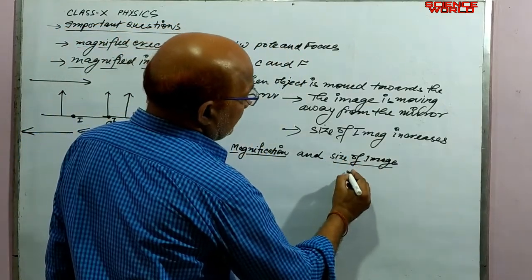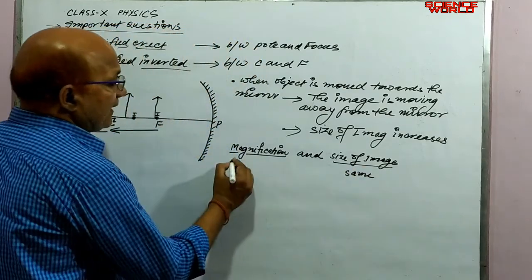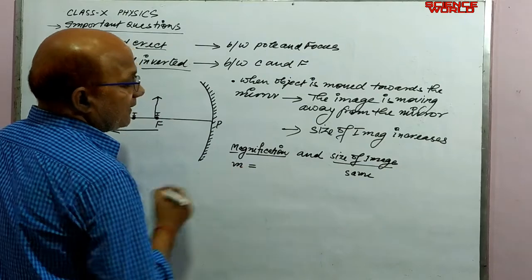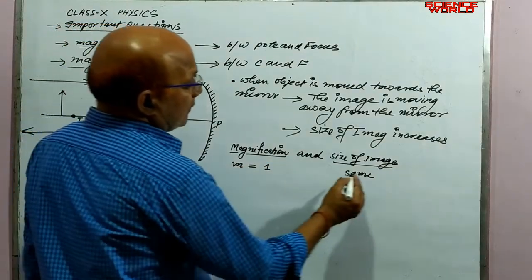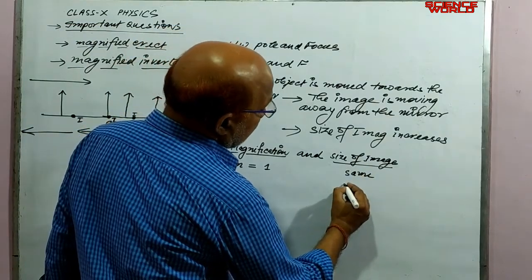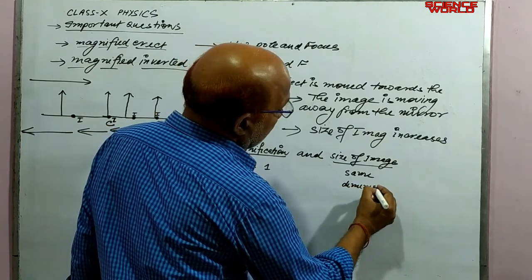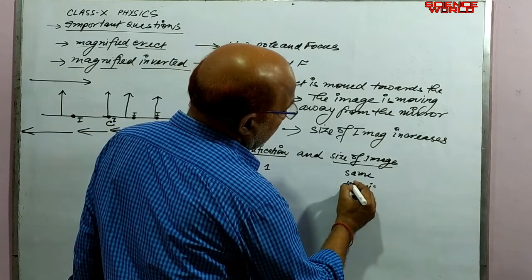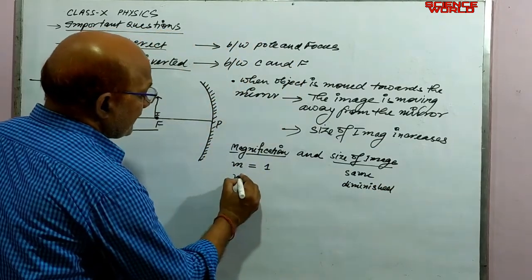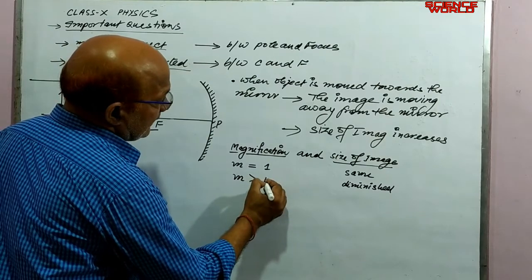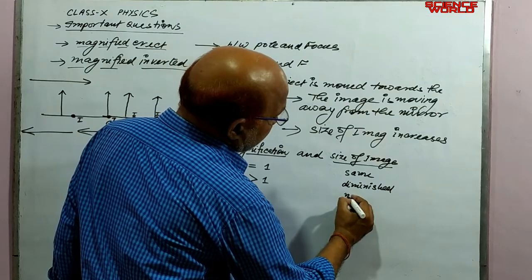Size of image is same. What will be the magnification? It is 1. Size of image, it is suppose diminished. The magnification will be greater than 1, and the size of image is magnified.